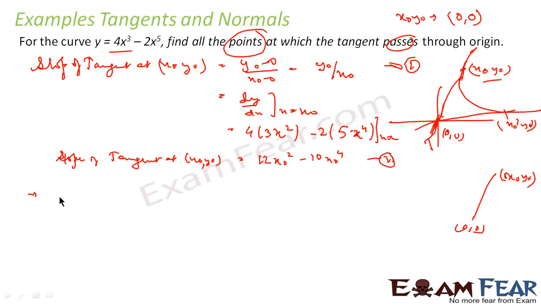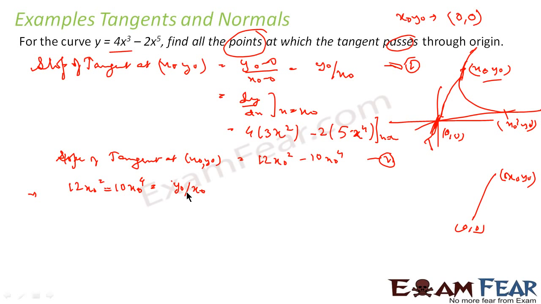So I can say that 12 x0 square minus 10 x0 to the power 4 is nothing but y0 by x0. Correct? Why? Because y0 by x0 is also slope of the tangent, and this guy is also slope of the tangent. So this is nothing but y0 by x0.